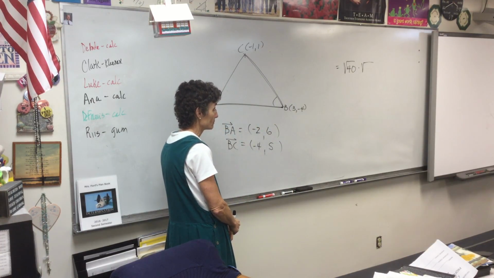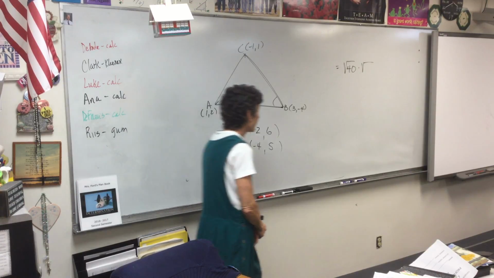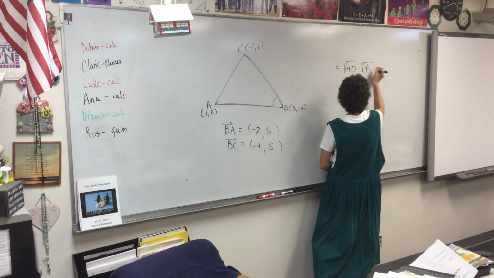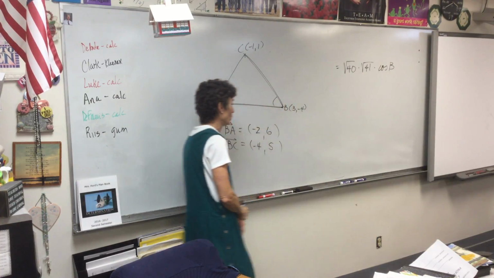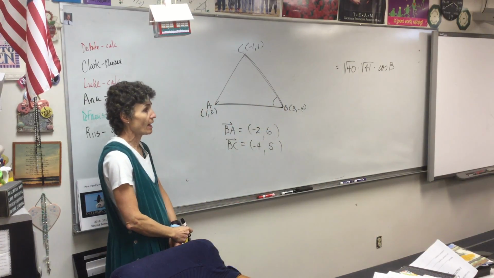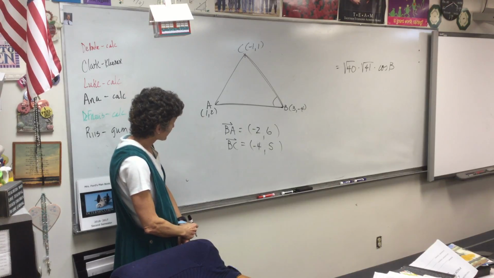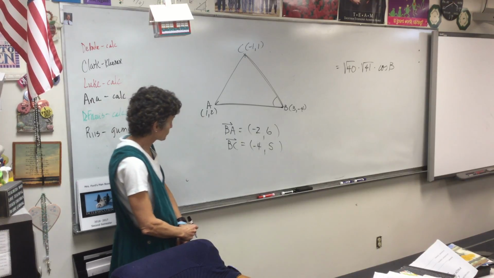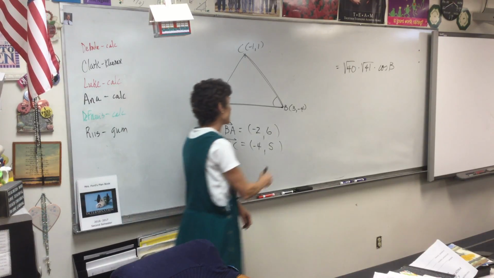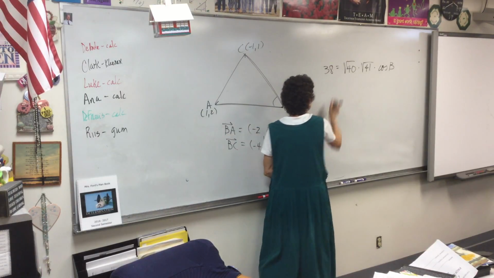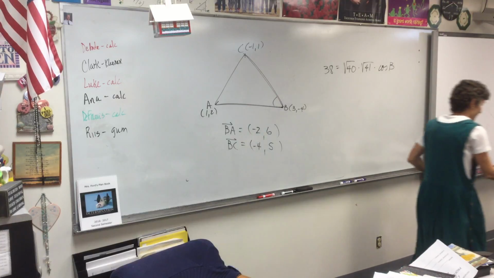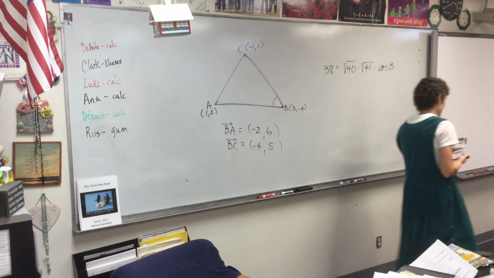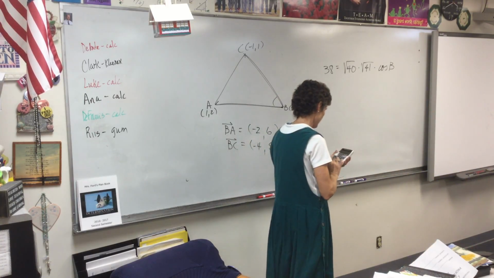What is it? Yeah. Times the cosine of the angle between them. And what's that going to equal over here? What do I have to have on the other side? The dot product. And the dot product of those two vectors would be 38. So I'm going to go ahead and multiply 40 and 41 together. It just makes it easier to type in.